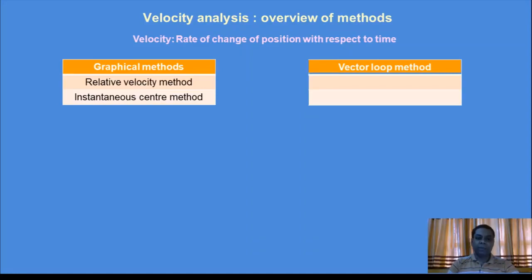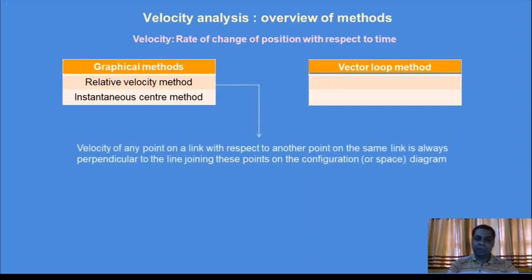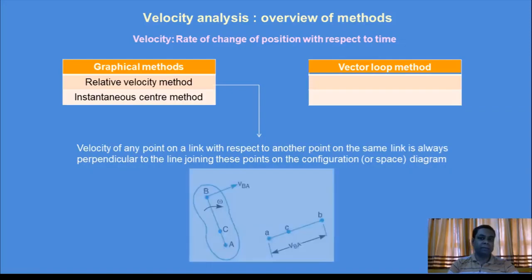Today we are going to discuss a part of the relative velocity method, in which the velocity of any point or a link with respect to another point on the same link is always perpendicular to the line joining these points on the configuration or space diagram.